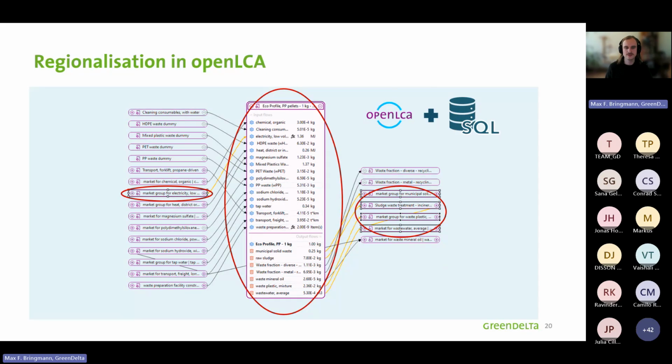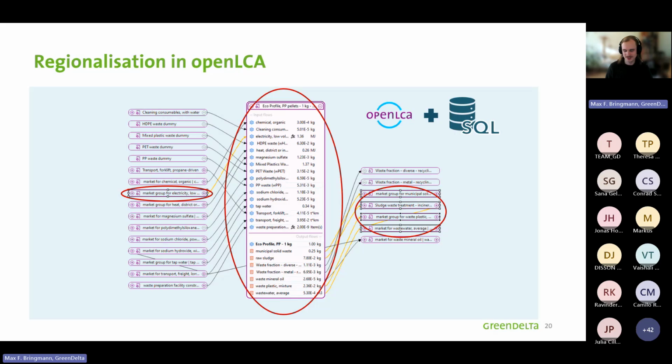For these, we have regionally appropriate datasets available in the background database, and therefore these processes are exchanged with regionally appropriate ones. So let's say we have the average European market for electricity in our average dataset. Then if you looked at our French dataset, that would be the French market for electricity. Okay, so I hope this outlines the regionalization that we performed.